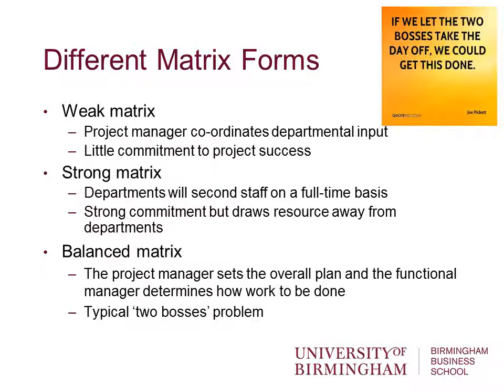There's a strong commitment to these kind of projects, but this draws resource away from departments and suppliers. And then the balanced matrix, which is where the project manager sets the overall plan and the functional manager, or the supplier or the subcontractor decides how work will be done, and this creates conflict, stress, pulling in two directions, the two-boss problem.